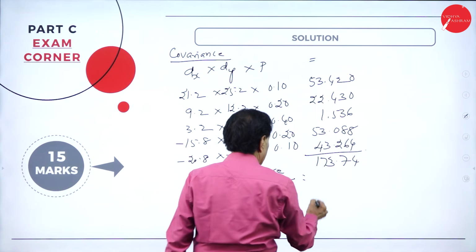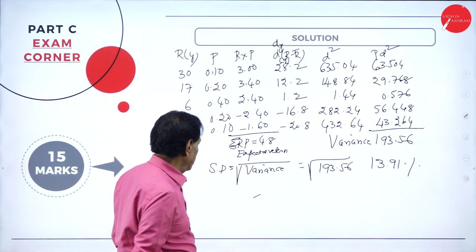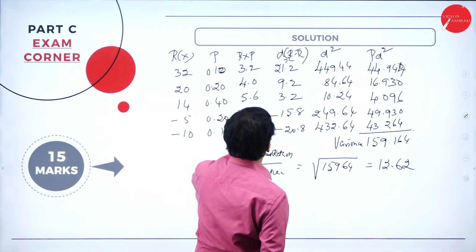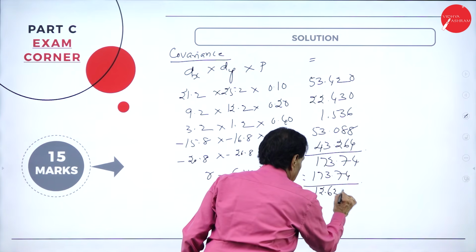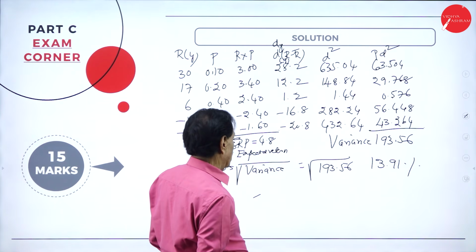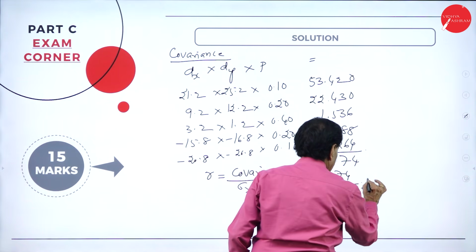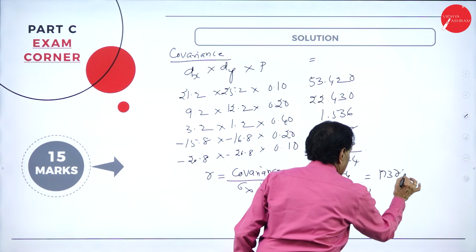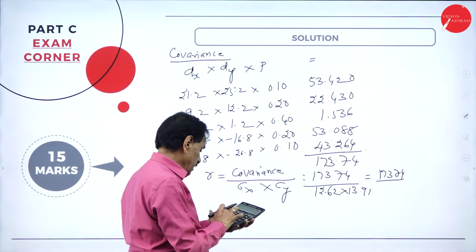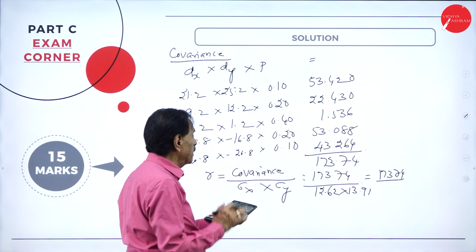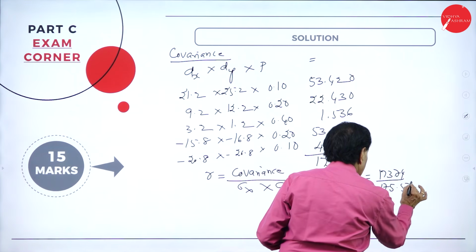So this is 173.74 divided by the standard deviation of x, 12.62, into the standard deviation of y, 13.91. 12.62 into 13.91 is 175.54.